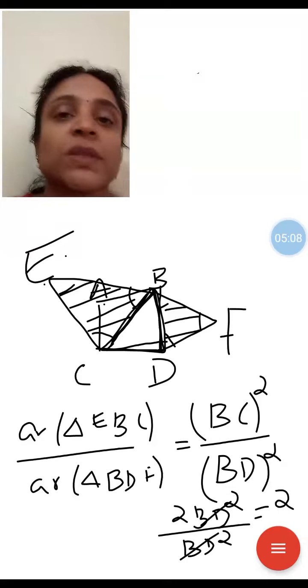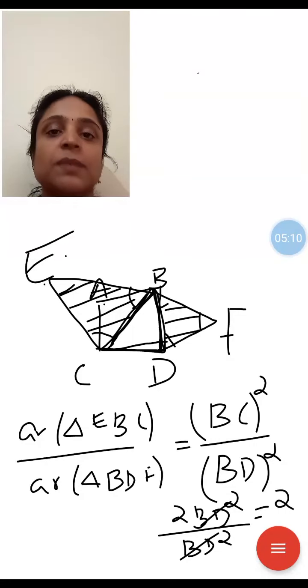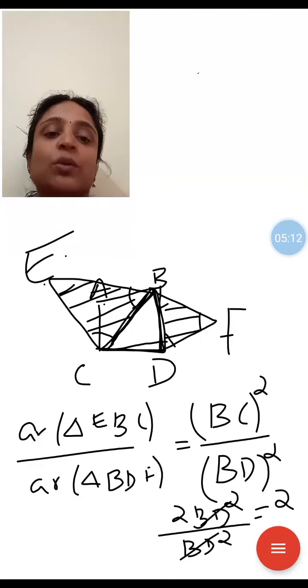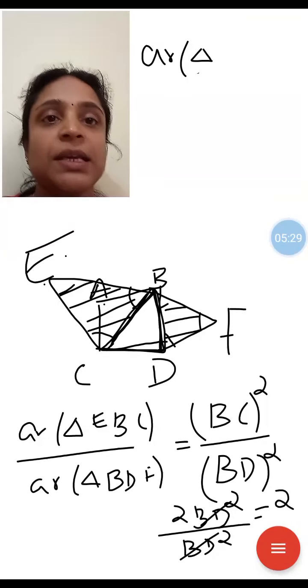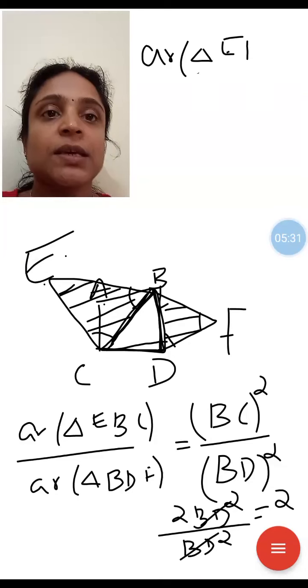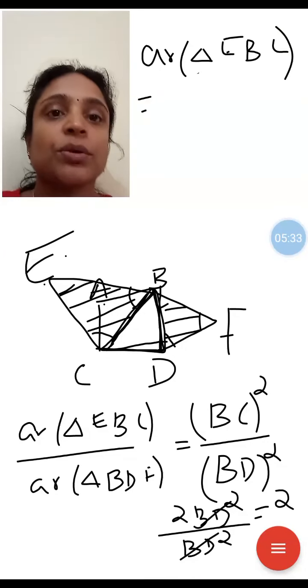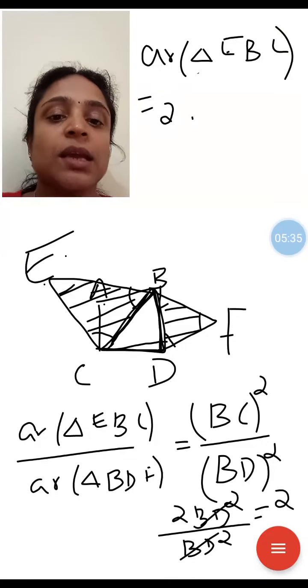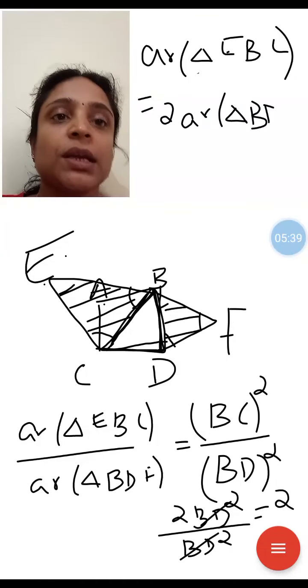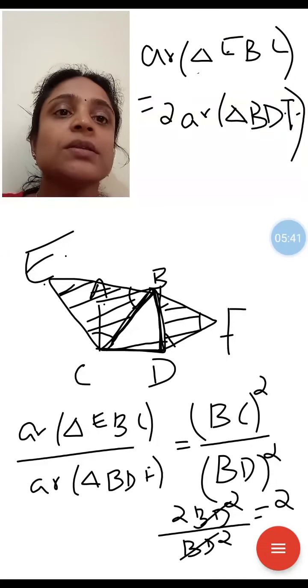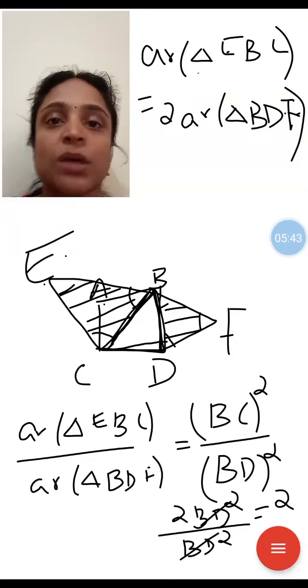So from this, area of triangle EBC by area of triangle BDF equal to 2, which means area of triangle EBC equal to twice area of triangle BDF, right? Which means, what does this mean?